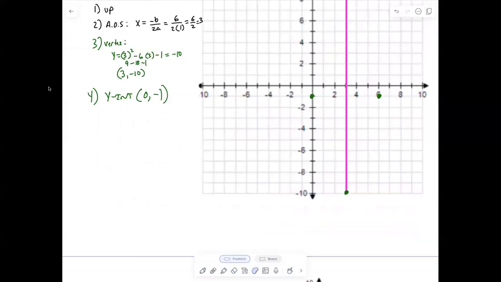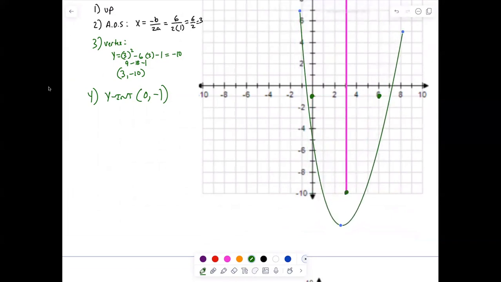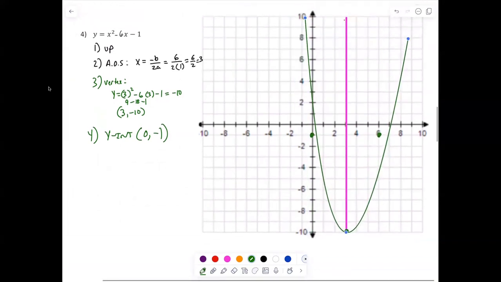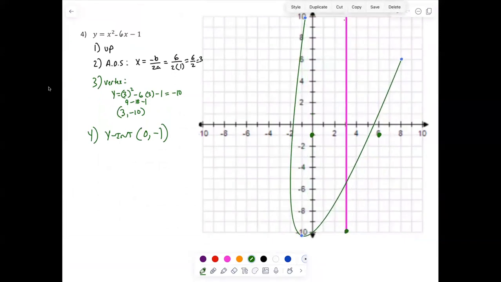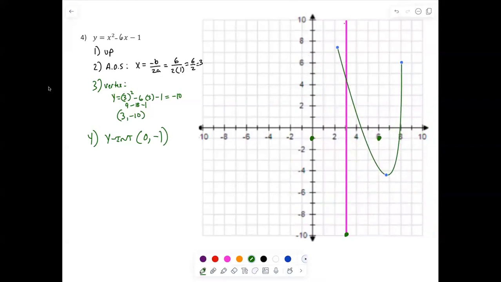So now I want a graph. All right, not doing so well here.